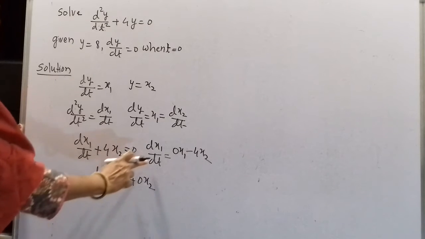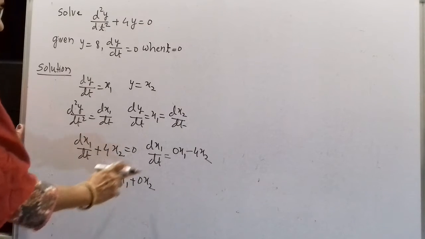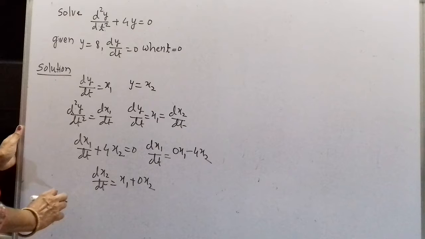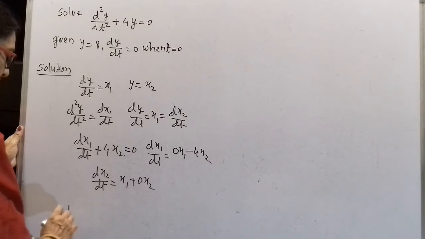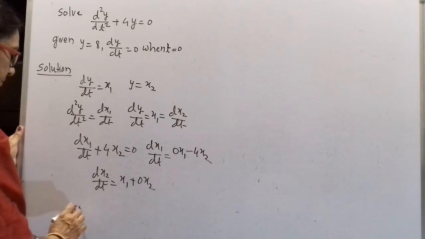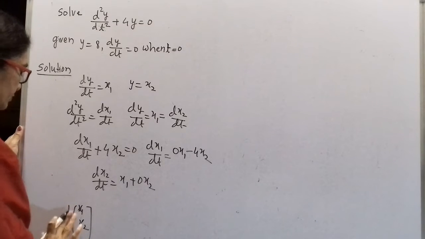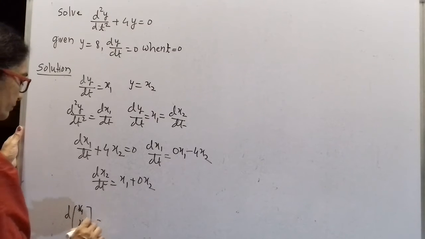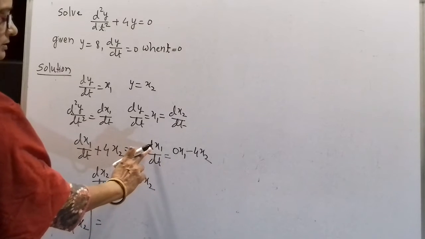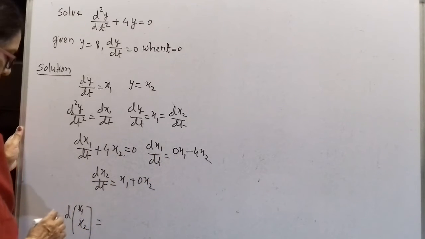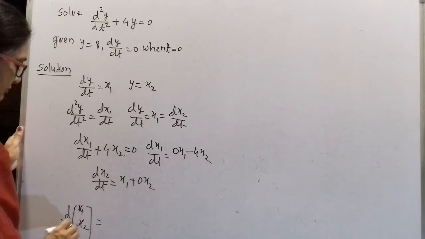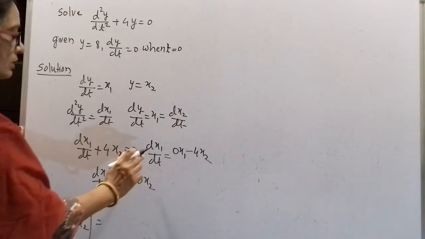According to these two equations, we convert into matrix form: d/dt of [x1, x2] = [[0, −4], [1, 0]] times [x1, x2].